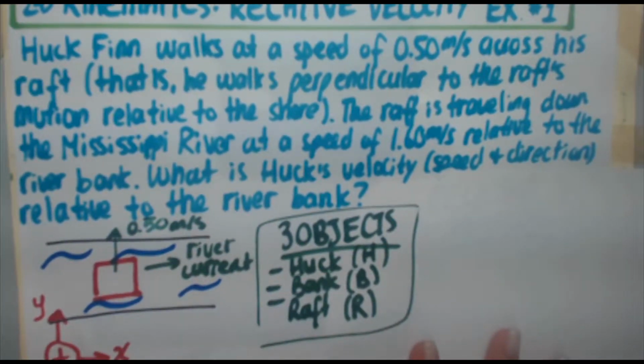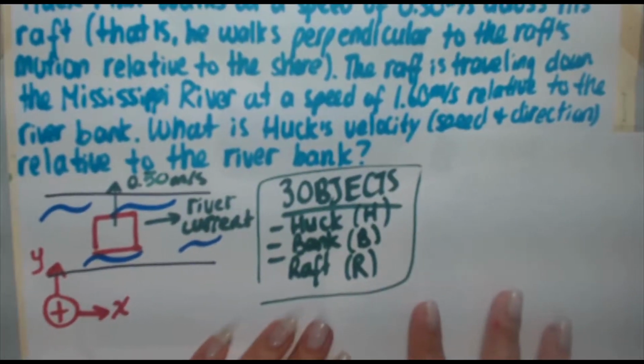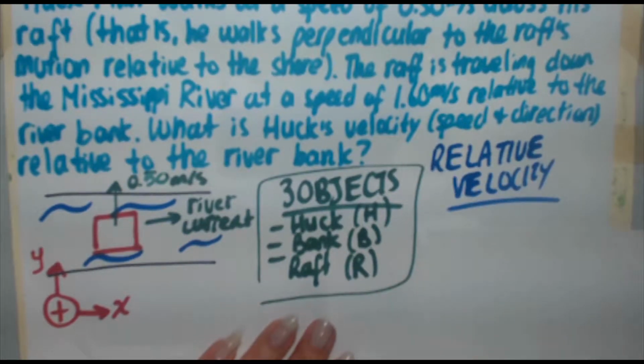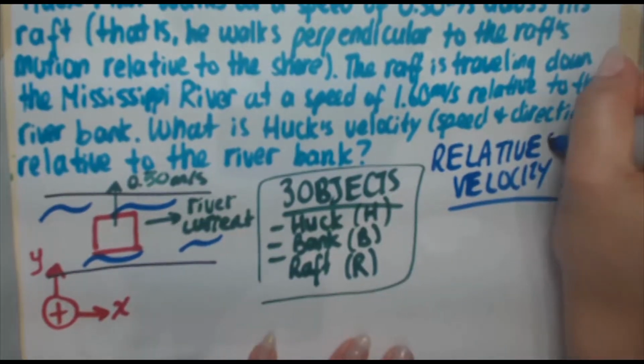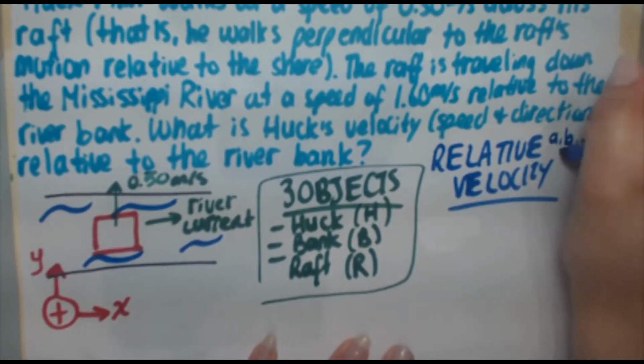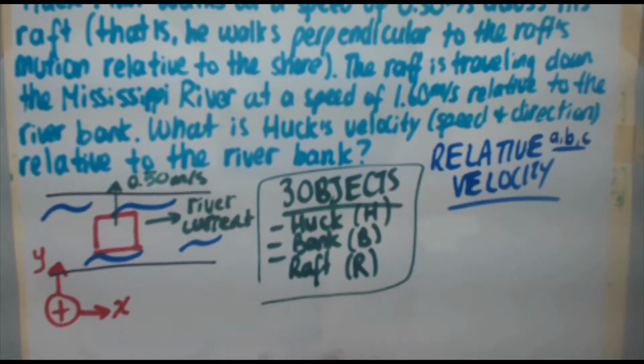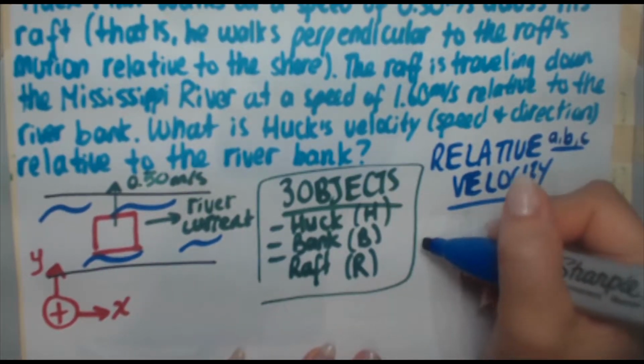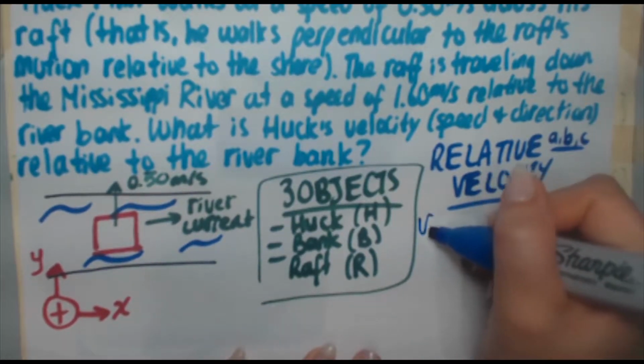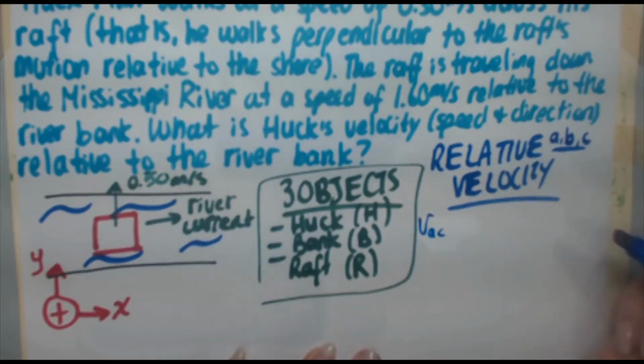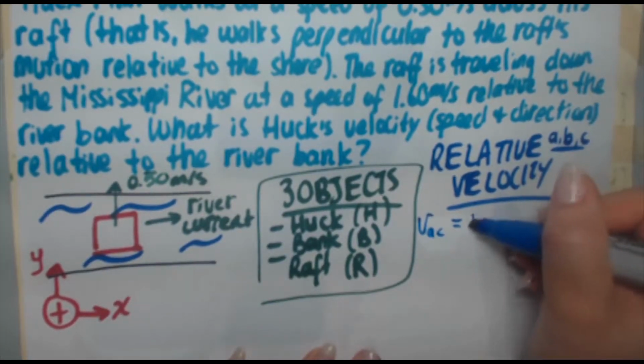Now that we've established our three objects, I want to show you the general formula for solving relative velocity problems. Let's say your objects are A, B, and C. If you're looking for the velocity of object A relative to object C, this is how you write the formula.